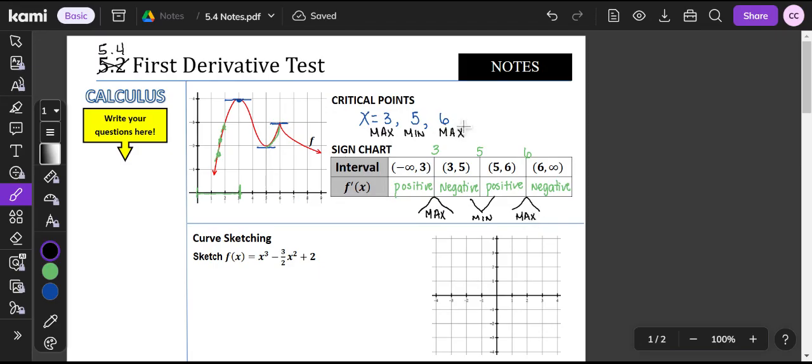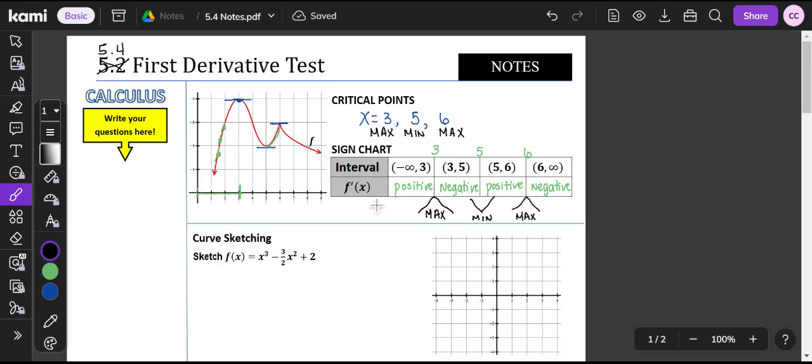Okay, now you might be thinking, well, that's really easy to tell from this picture. The first point right here is clearly a hill, so it's a maximum. The next point is a valley, so it's a minimum. And then again, we're on top of the hill again, so this is a maximum. However, what if you weren't given this picture? What if you were just given a function and you had to figure out how that function behaved?